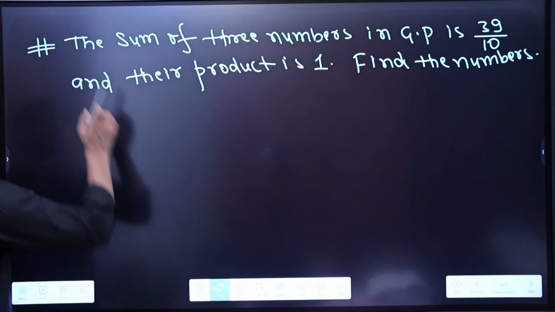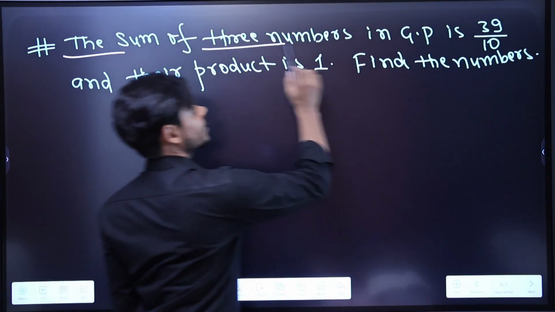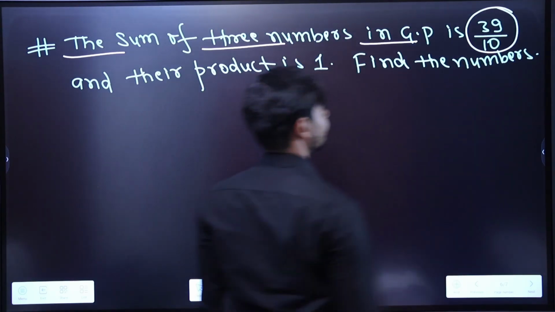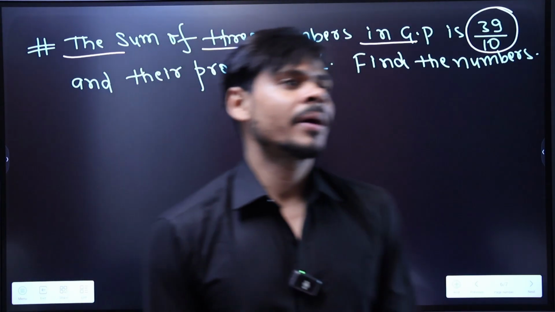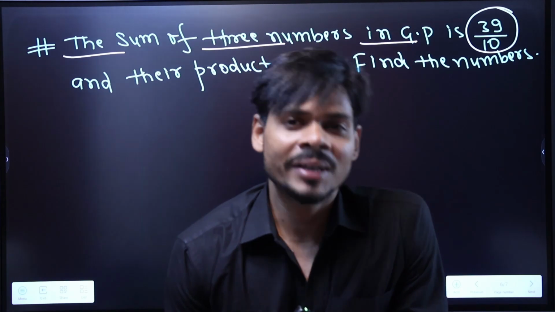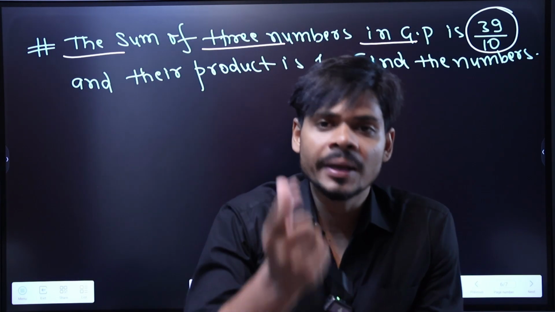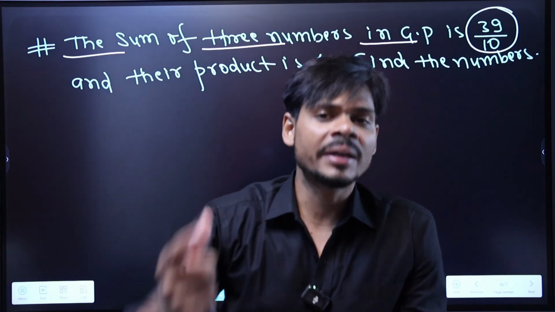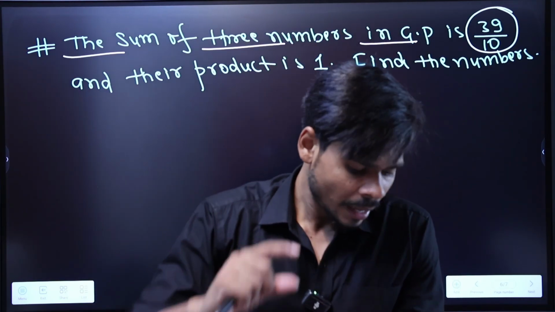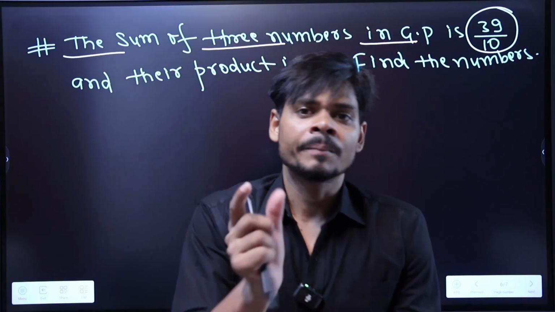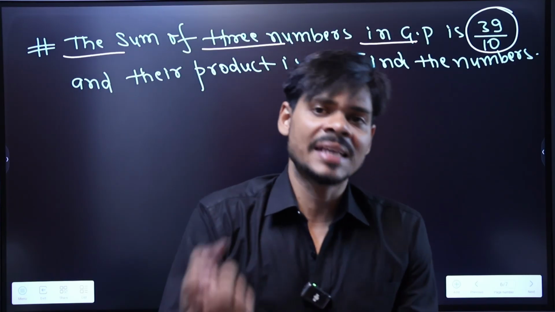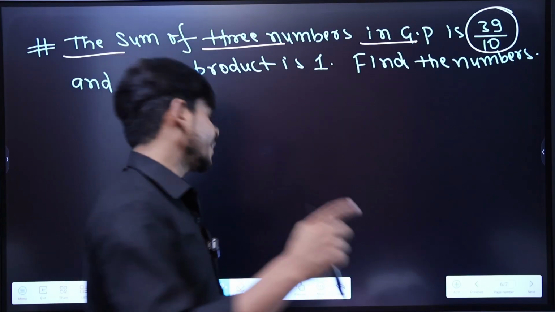In this question, we are given the sum of three numbers in GP is 39 by 10. If you remember, in arithmetic progression, I already explained what to do when the sum of three numbers, four numbers, five numbers, or six numbers of an AP is given.